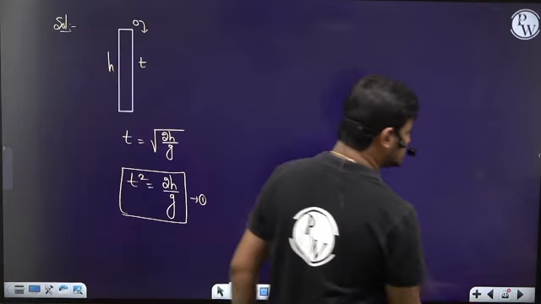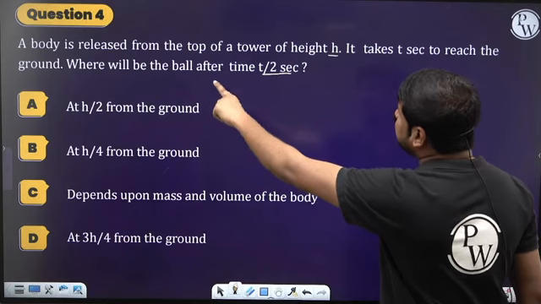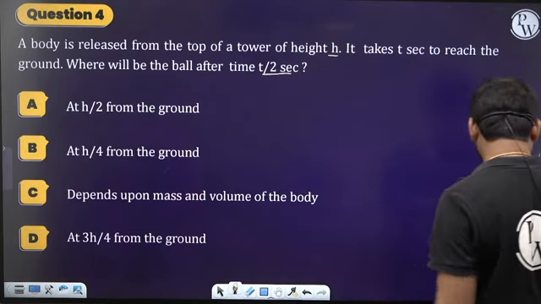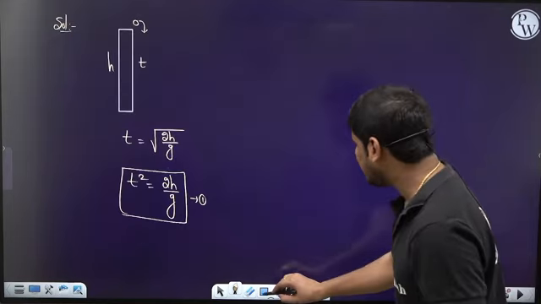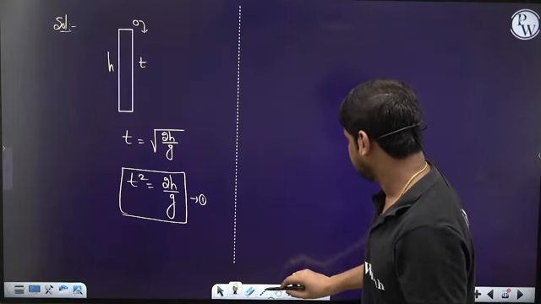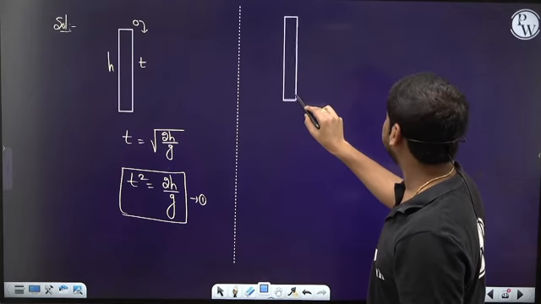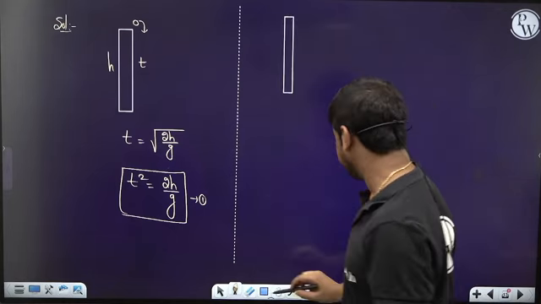Now see here what they are saying. It takes t seconds to reach the ground. Fine. So where will the ball be after t by 2 seconds? Let's consider this is a height h.